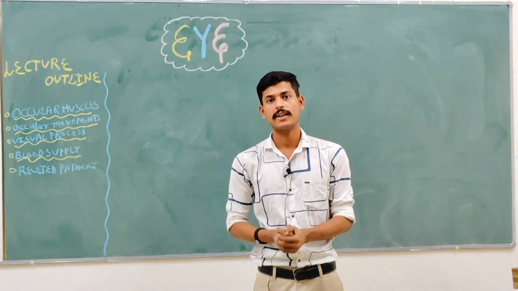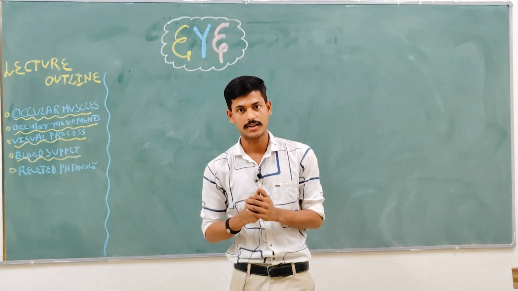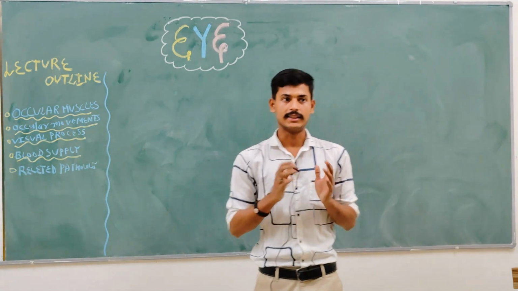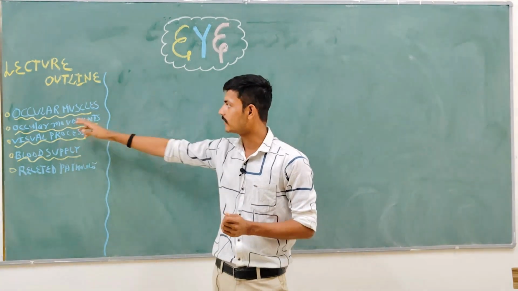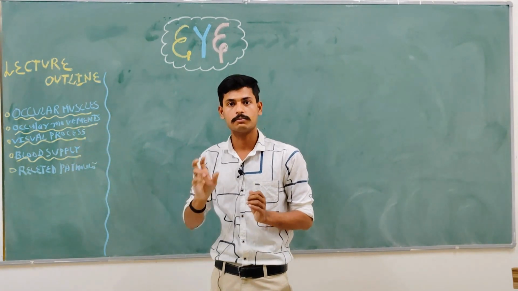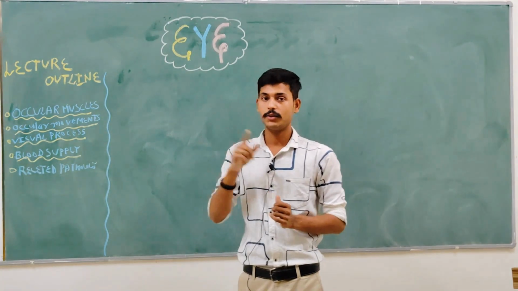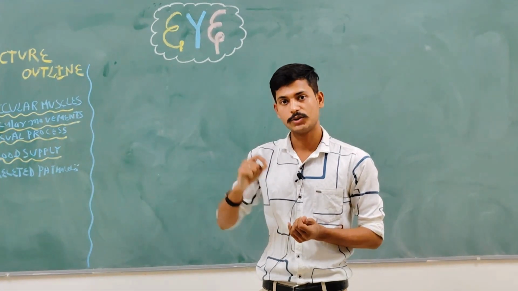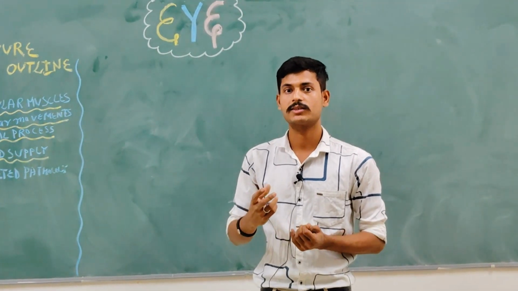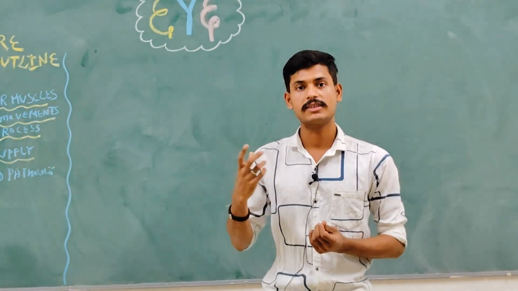In simple layman language, we will see how the eye works. Here is our lecture outline. First we will discuss the ocular muscles. The word ocular is a Latin word which means the eye.